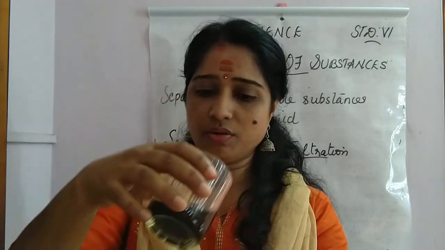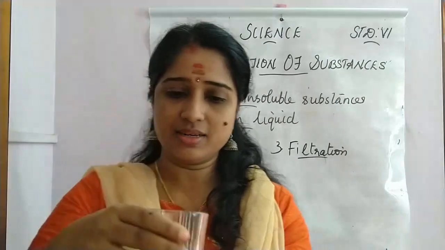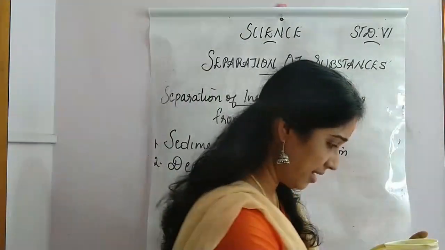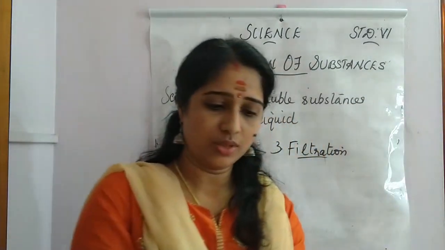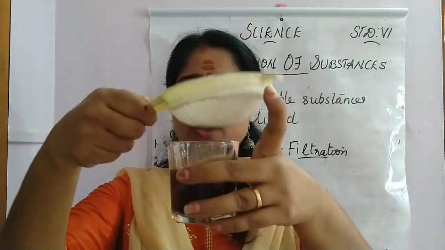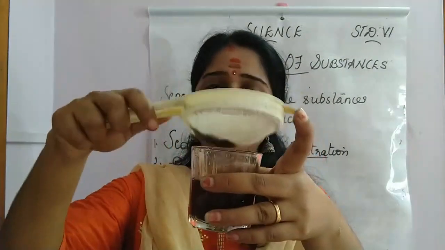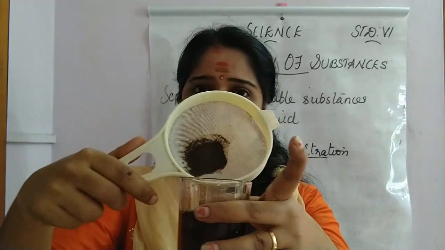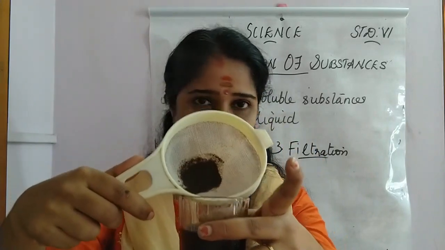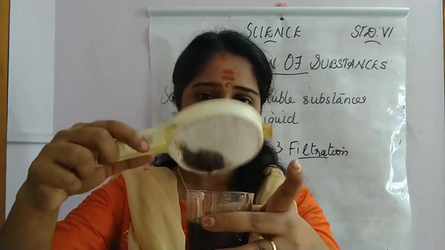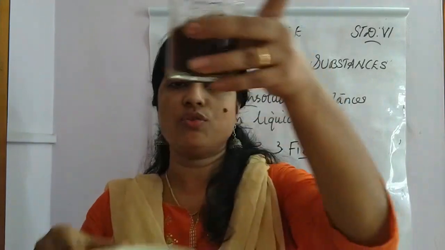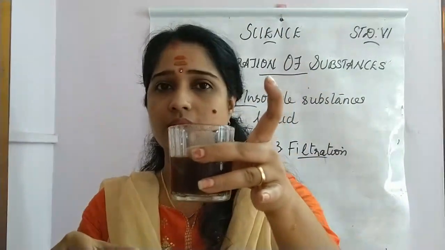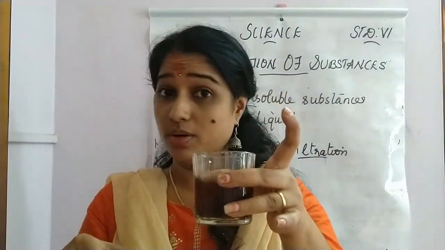Actually, some amount of it has been decanted, decantation had already taken place, and hope you have seen this water. Yes, the tea dust is there inside the sieve. This is a sieve, and this consists of only what? Tea only, no dust is there.